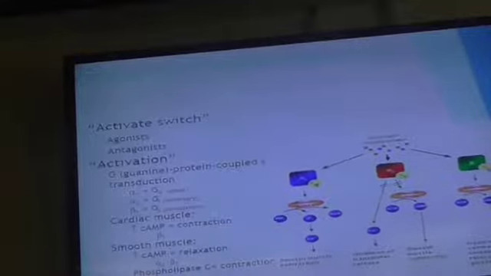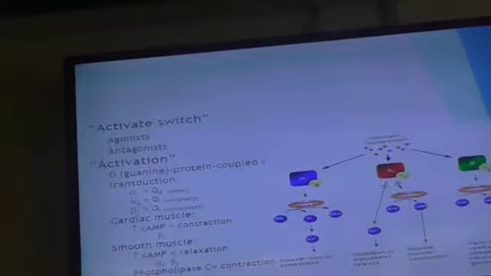When norepinephrine binds to the alpha-1 receptor, that leads to vasoconstriction, okay? And that's how it does it, okay? Norepinephrine binds to the alpha-1 receptor, leads to the release of intracellular calcium and vasoconstriction.